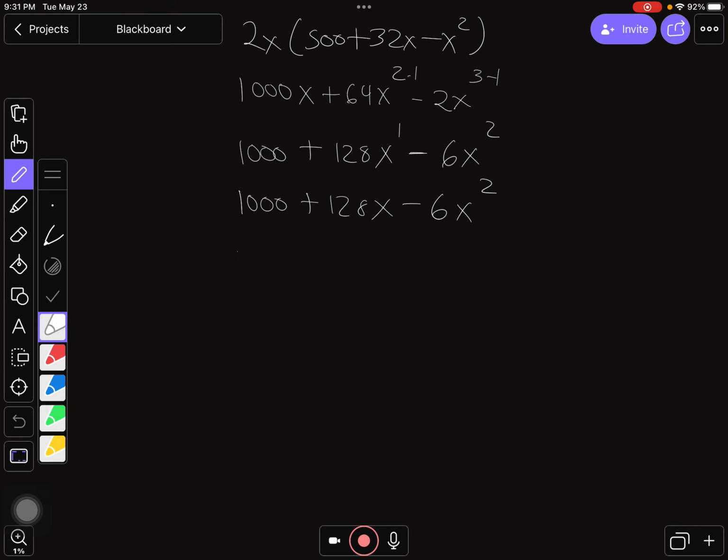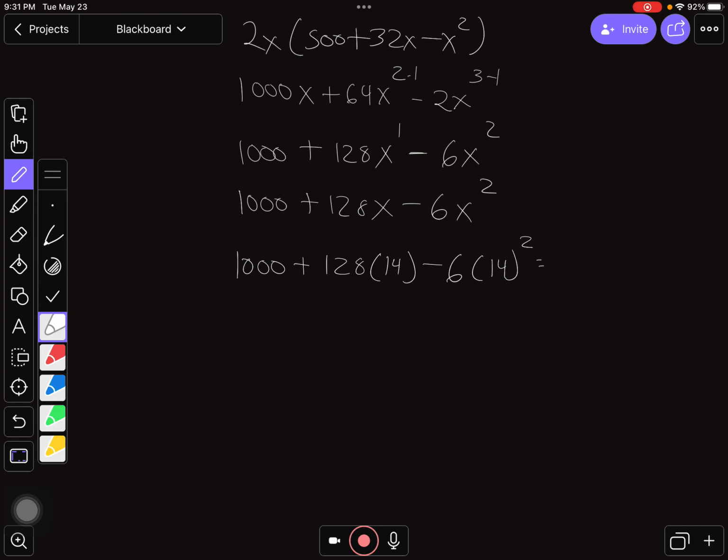And I need to find the marginal revenue when x equals 14. So I just put a 14 into my derivative wherever I see an x. So it won't be 128 times x, it'll be 128 times 14. Minus 6, and it won't be x squared, it will now be 14 squared. I'm going to put that into my calculator real quick and see what I get. 1,000 plus 128 times 14 minus 6 times 14 squared.